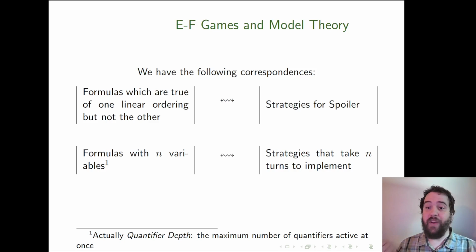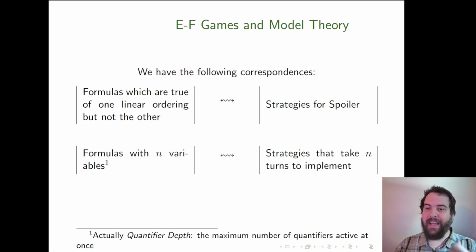And this is an incredibly tight correspondence. Any formula which distinguishes the two linear orderings, any formula in this very specific logic, which distinguishes the two structures, which is true of one linear ordering but not true of the other, corresponds to a strategy for spoiler to win the game. And what's more, formulas that have n variables in them correspond to strategies that take n turns for spoiler to implement.